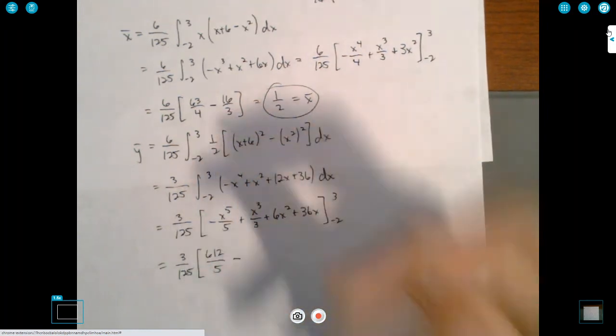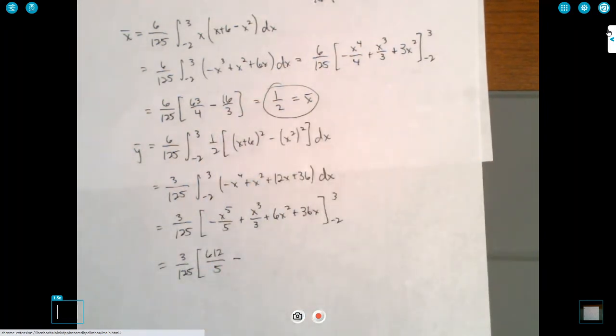Now if I plug in negative 2, I'm going to have negative 2 to the 5th divided by 5 plus negative 2 cubed divided by 3 plus 6 times negative 2 squared plus 36 times negative 2.